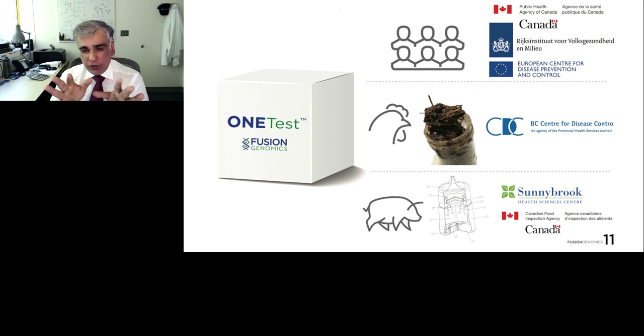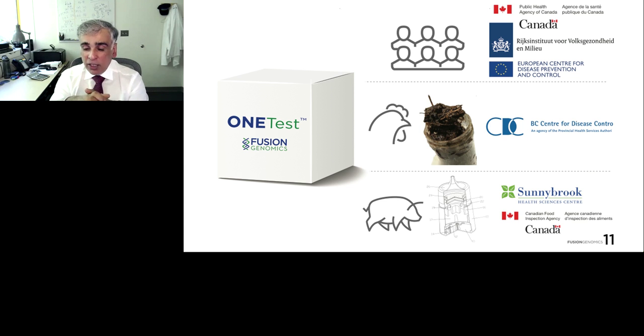The migratory birds are dropping their bird droppings, and those droppings are in the mud along with all the animal fecal matter and the plant matter. By using the ONETest platform, we are able to capture the avian flu genome from this and sequence it.